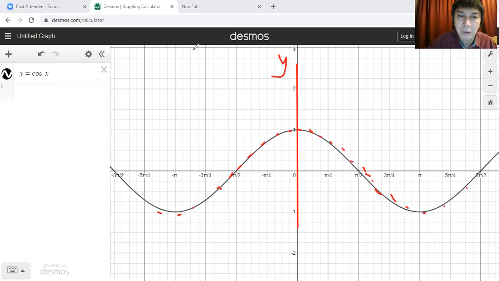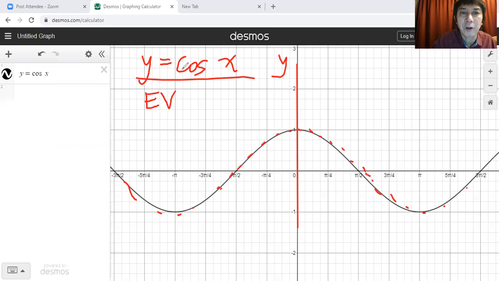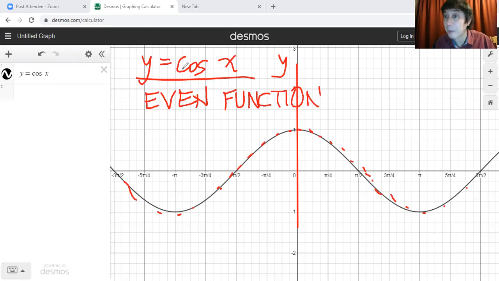So it's symmetric with the y-axis. The cosine function is an even function.